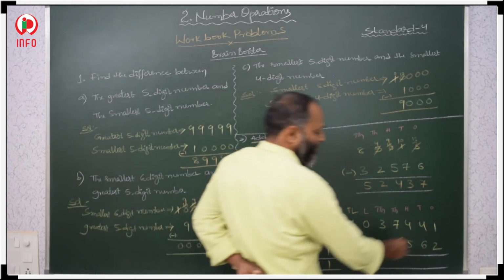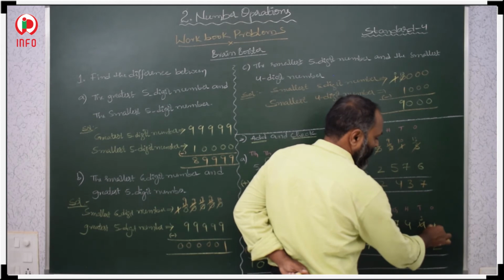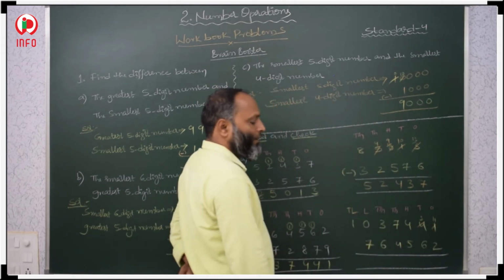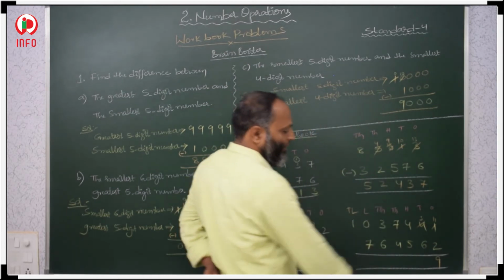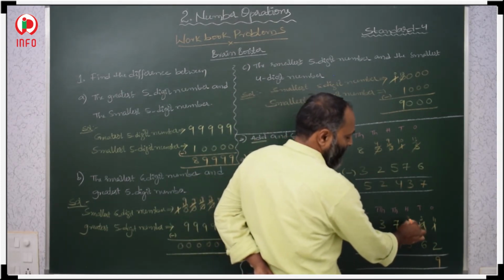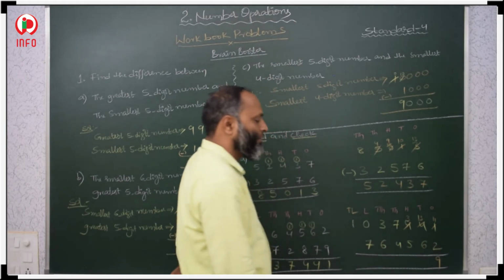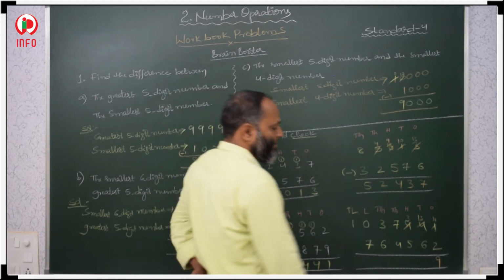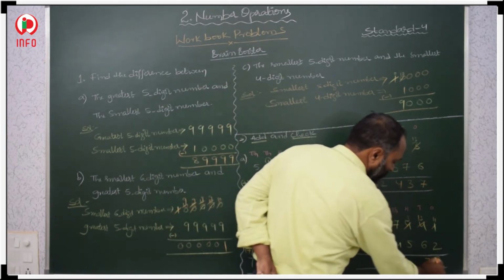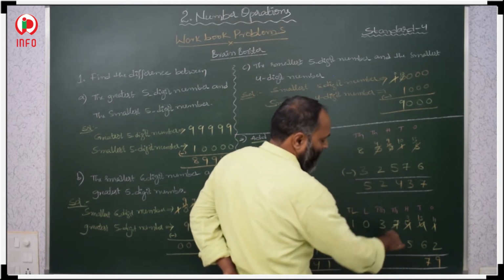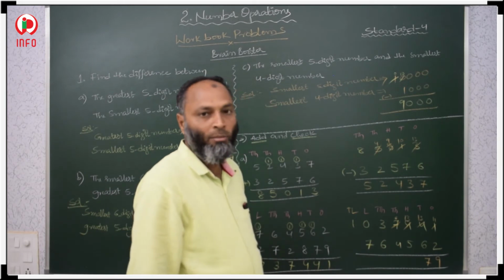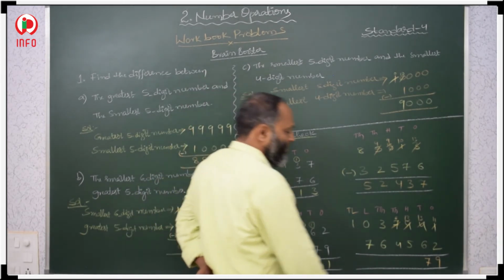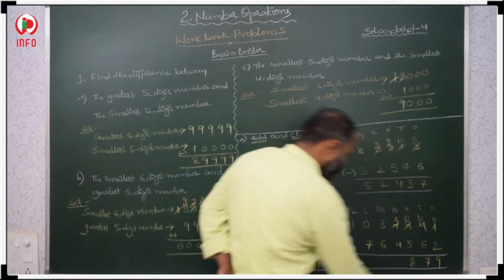Then take borrow from here, it will decrease by 1, it will increase by 10. 11 minus 2 is 9. Again you take borrow from here, it will decrease by 1, increase by 10. 13 minus 6 is 7. Again you take borrow from here, it will increase by 10. 13 minus 5 is 8.